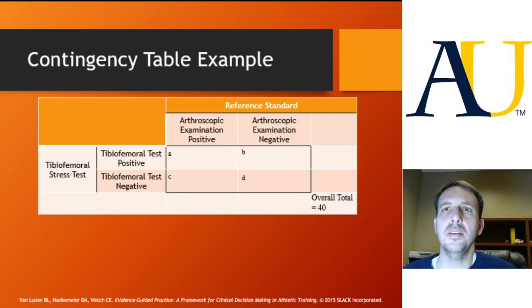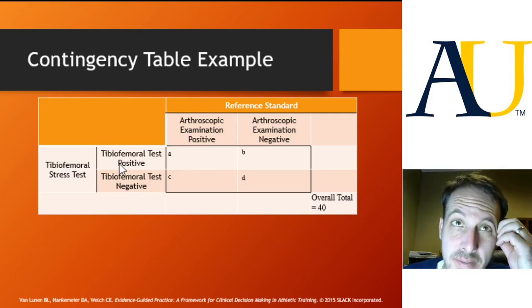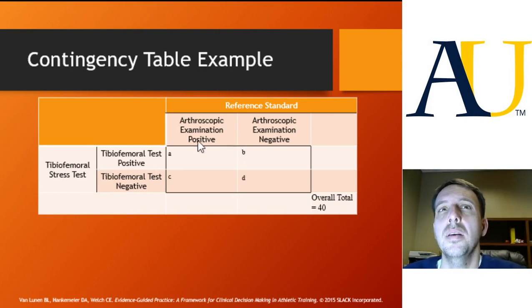And so we get into this situation now where we can create this table. In this case, we're looking at this fictitious tibiofemoral stress test and comparing it to arthroscopic conditions. If the arthroscopic condition said that it was positive, that would be there. And so we have the 40 individuals now that were tested.